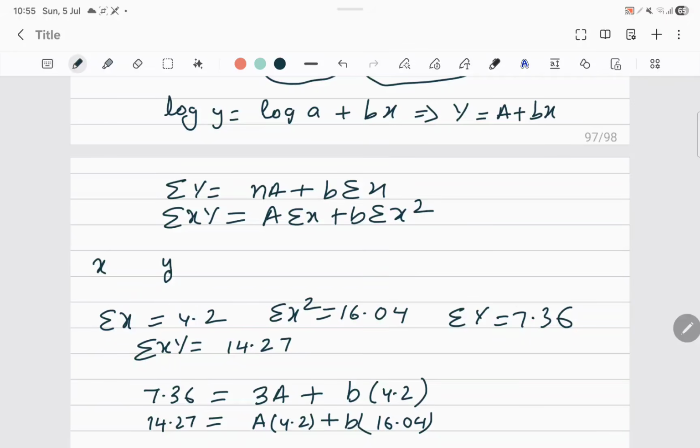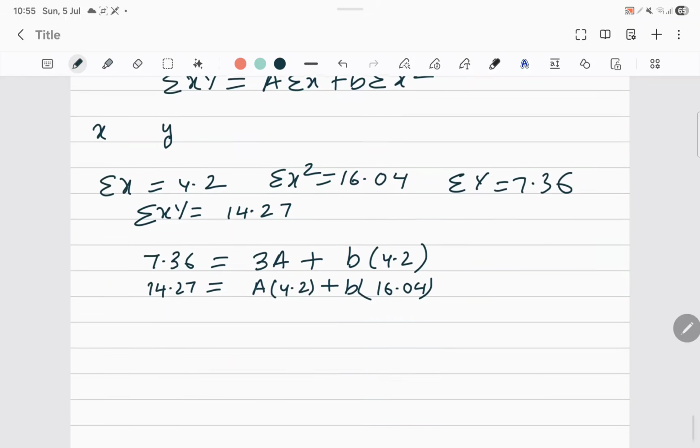Now go to equations of two variables, then substitute the values 3, 4.2, 7.36, then 4.2, 16.04, and then 14.27.